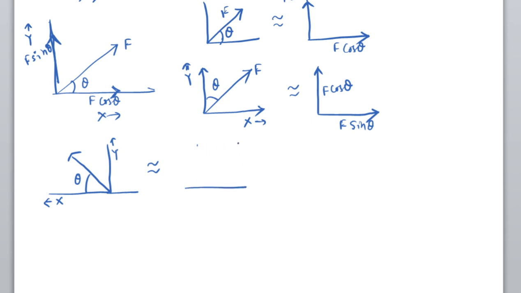You can easily do this as: the Fx component will be minus F cos theta, as it is connected to the angle and along the negative direction, and F sin theta, as it is along the positive y-axis.